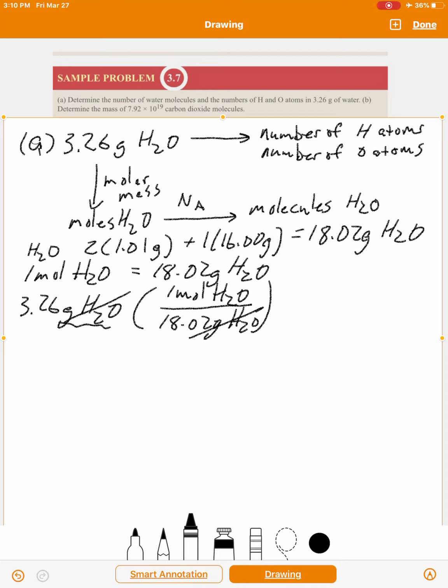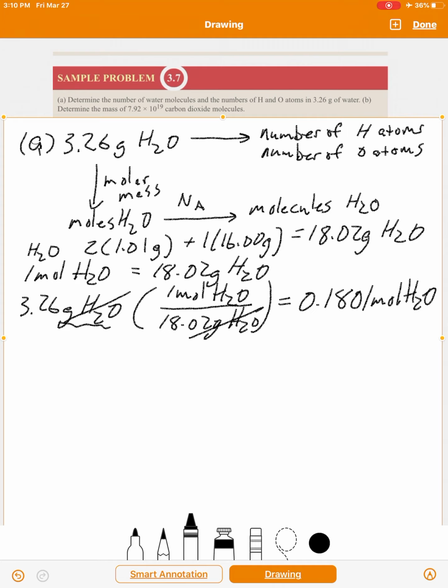So the calculation is 3.26 over 18.02, and that is 0.1809. And that would be moles of water.